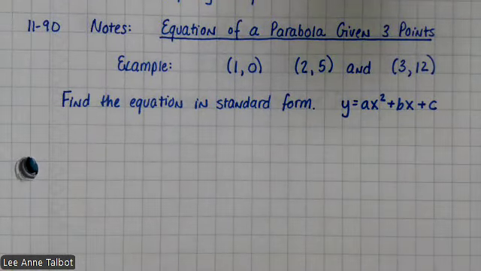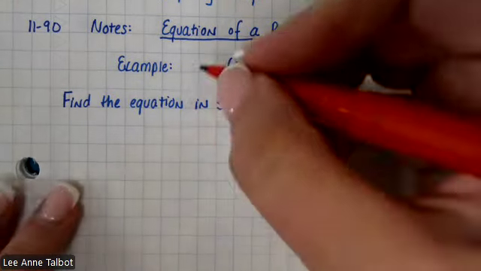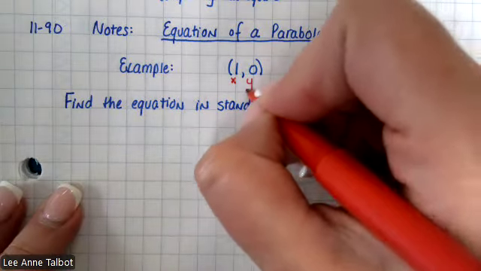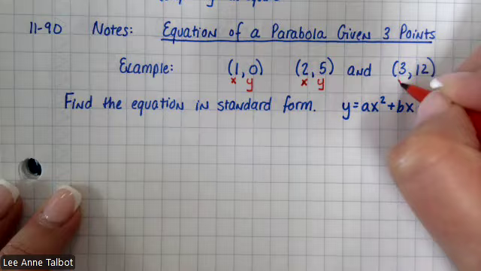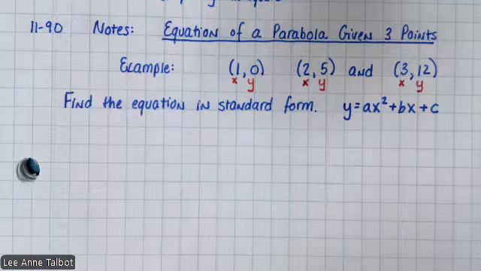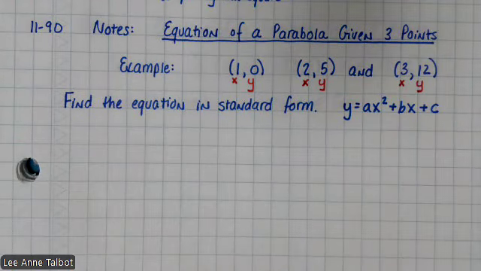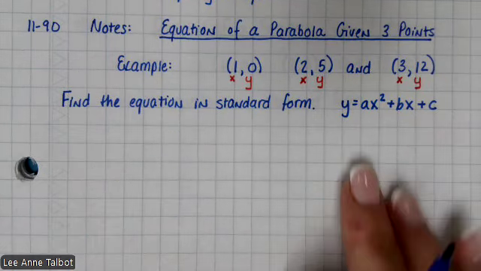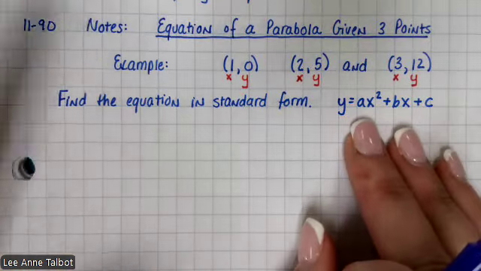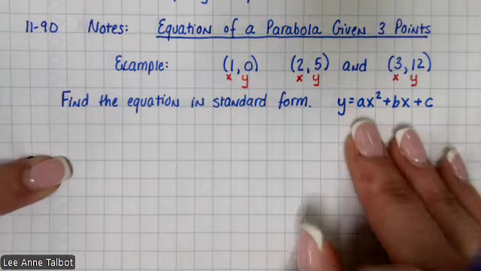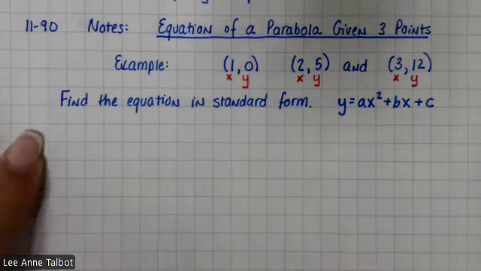And for each one of these coordinates, I'm going to label it x, y, x, y, x, y. I'm going to plug in the x and y into this equation, and I'm going to make 3 of them. It's going to start to look like Friday's.